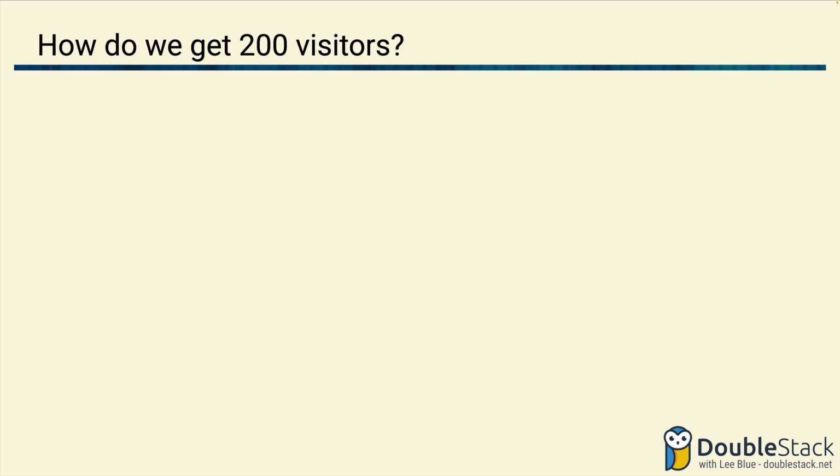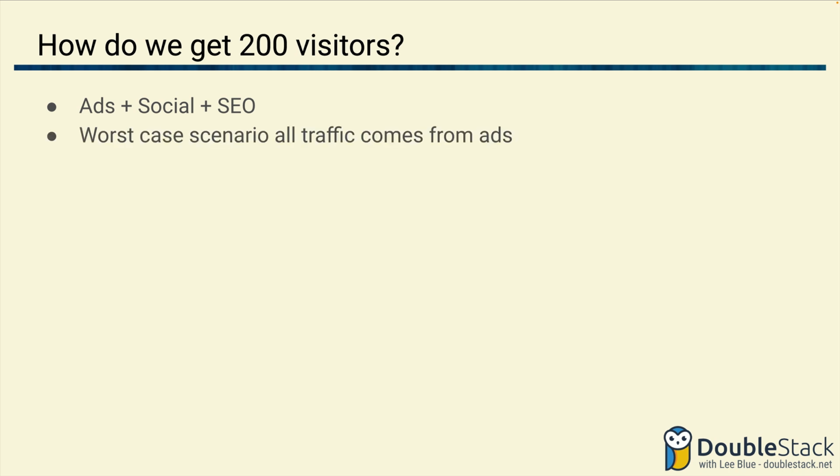So how do we get 200 visitors? Well, we can do ads, we can do social media or social traffic, and we can do SEO. Like we were talking about in the beginning, we have 3 major sources of traffic. But the worst case scenario is that all the traffic comes from ads, so we're buying all of the traffic. This is probably what it's like in the beginning.